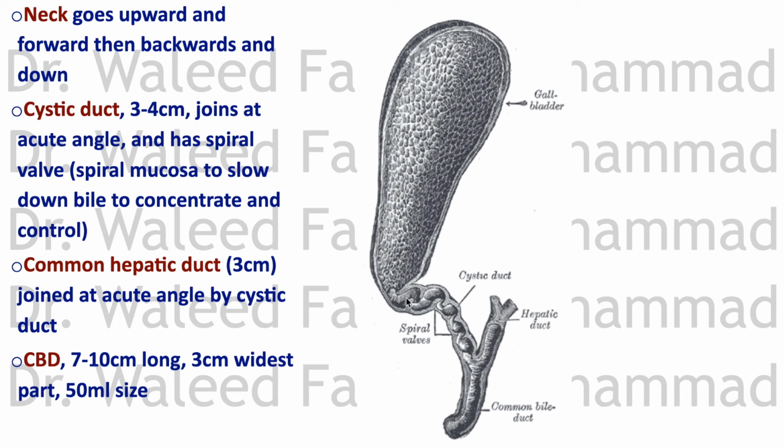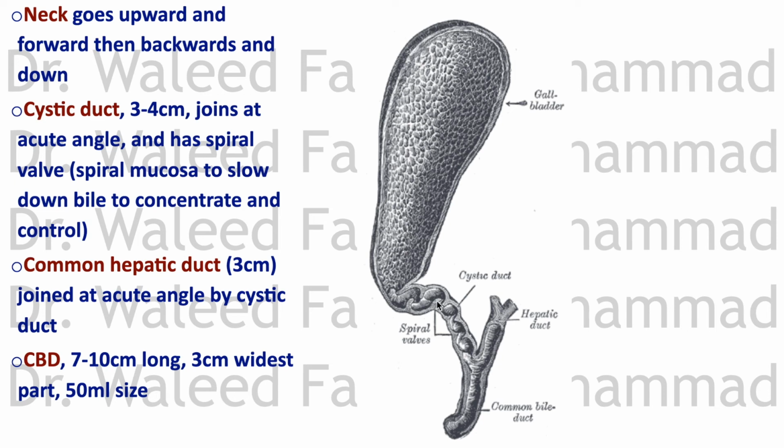The cystic duct, you can see here the cystic duct coming from the gallbladder. These convolutions inside, the mucosa takes a spiral manner. Why? To slow down the flow of bile in the duct, and this gives more chance to concentrate the bile, absorb water from bile, and it's a kind of valve-like action to control the flow from the gallbladder to the duct.